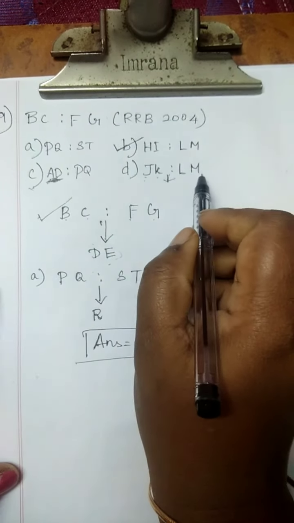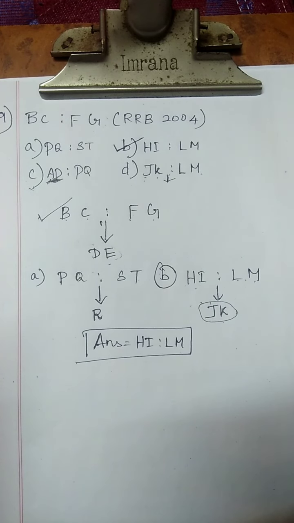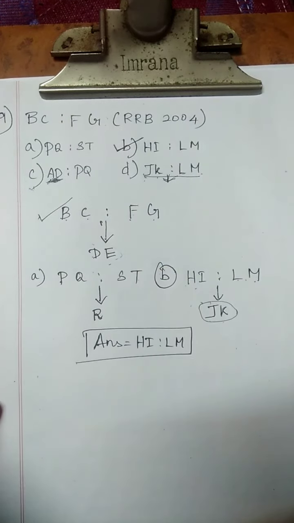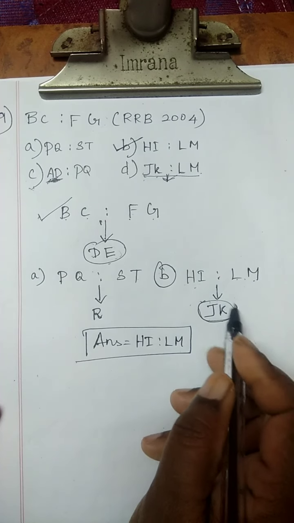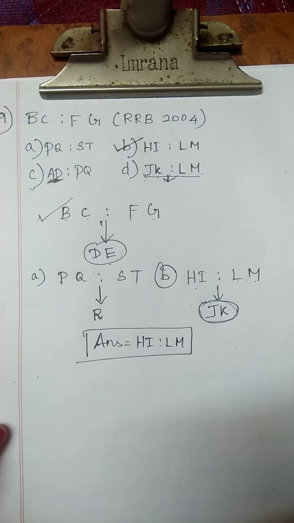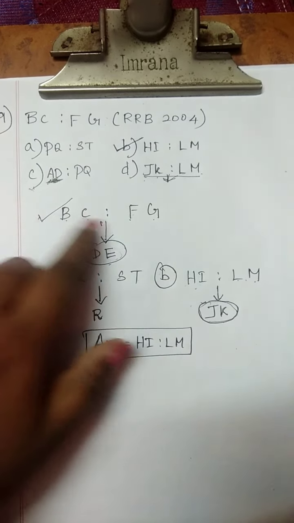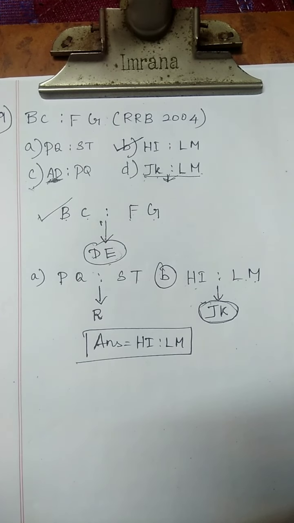J, K, L, M. But we need two alphabets in the middle, and here no alphabets are there. So from the question only we have to analyze the answer. Here two alphabets are left, here also two alphabets are left. They are in alphabetical order. So this is the clue behind this.